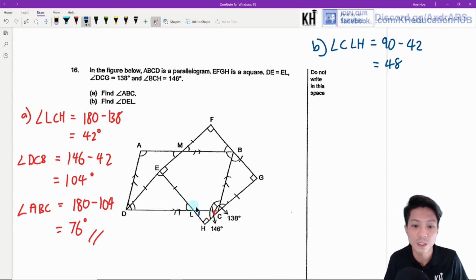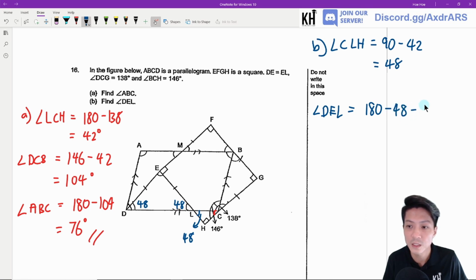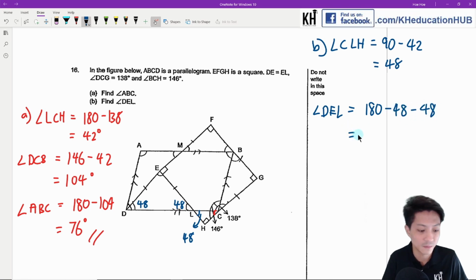Which is 48. So if this is 48, this angle here is also 48. This is an isosceles, so this is also 48. Which means that now to find angle DEL, I just need to use 180 minus 48 minus 48, which is 84 degree.